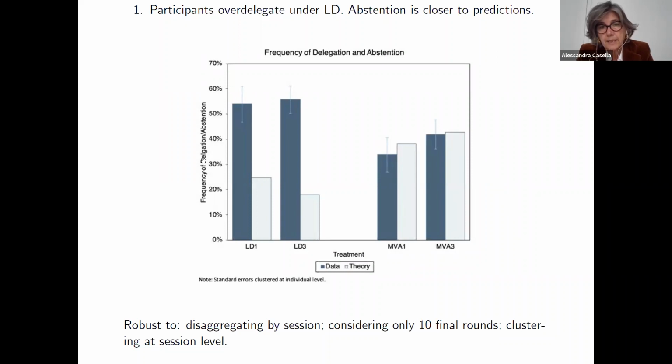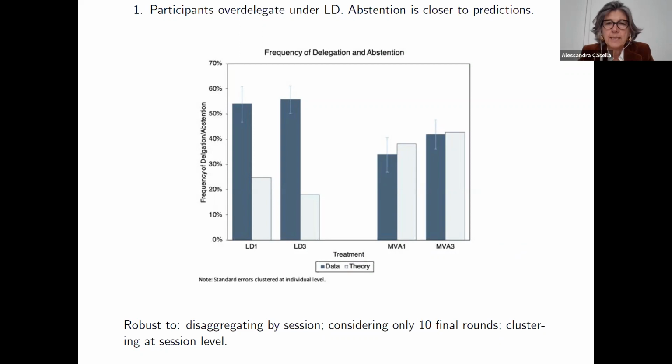These results, the excessive delegation, the over-delegation under liquid democracy are very robust. You can disaggregate by session, you can consider only the final round, you can cluster at the session level, and you will continue to find them. And I would say that this is really our main result.